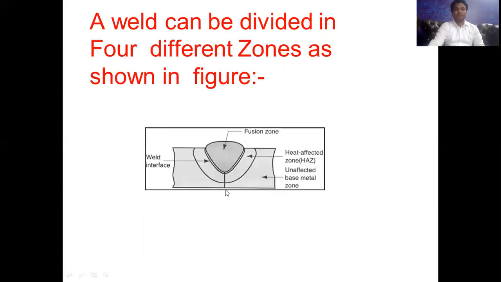So this zone is a typical mixture of the 2 metals. We can also see the composition of the filler metal if used in the welding process. So this zone consists of the finely mixed homogeneous mixture of the 2 base metals along with the filler metal.